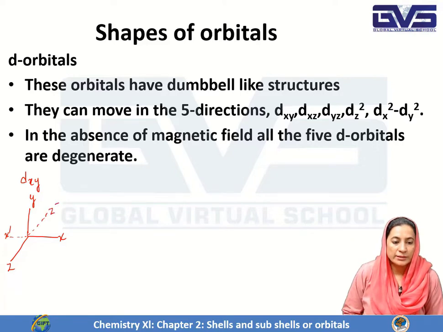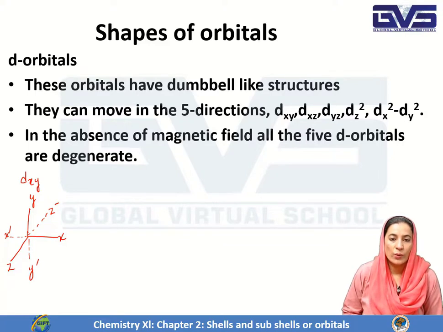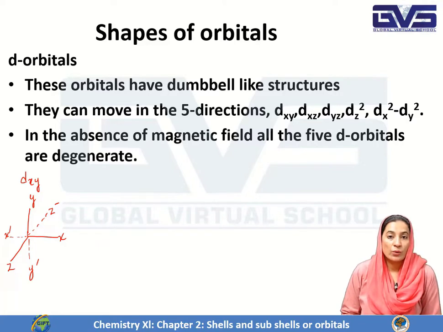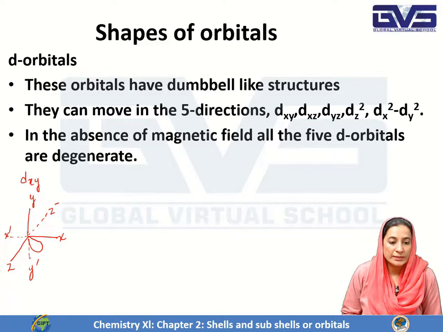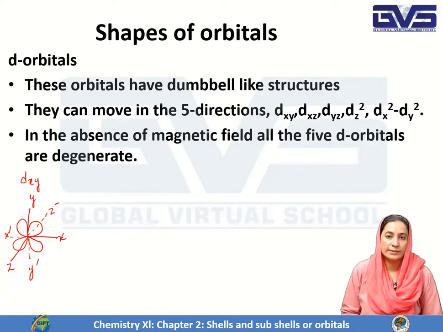In this direction this is x dash, in this direction this is z dash, and in this direction this is y dash. xy means the dumbbell orientations are between x and y. Select x and y. This one is x and this one is y. So draw one dumbbell between this x and y, and the other between this x and this y, again between the x and y axes.